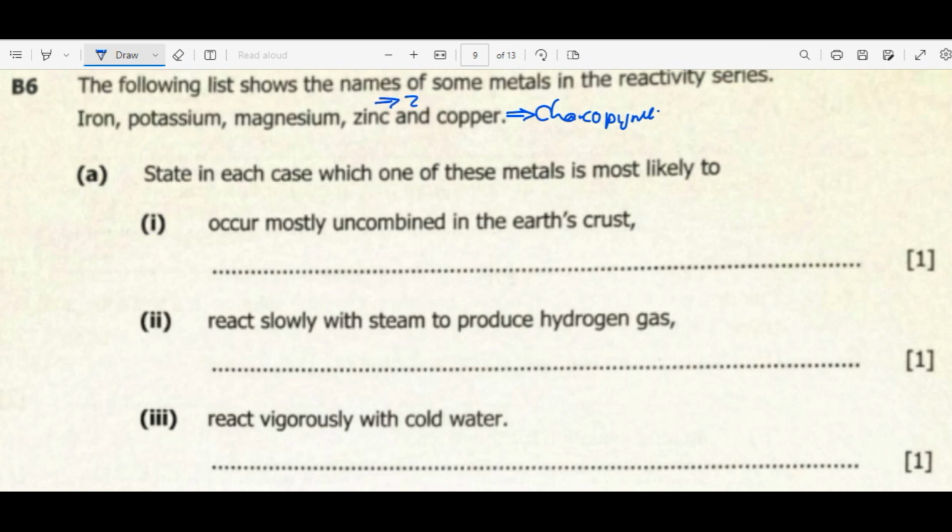Then zinc is zinc sulfide. If you look at magnesium, we have magnetite, something like this. Then if you look at iron, we have hematite. So the answer that we can go with here is potassium.